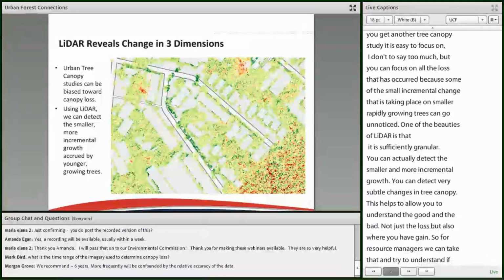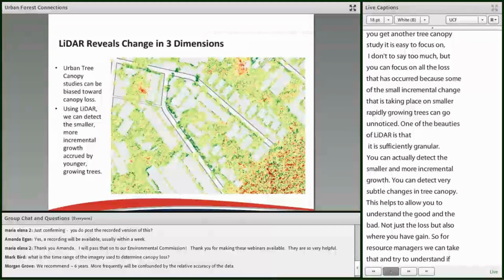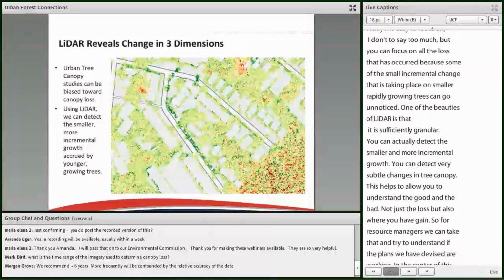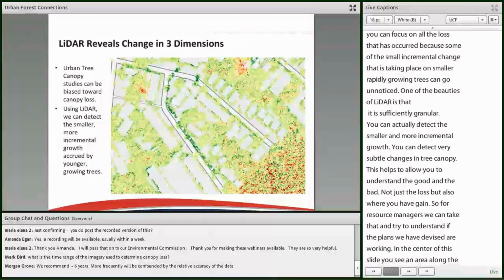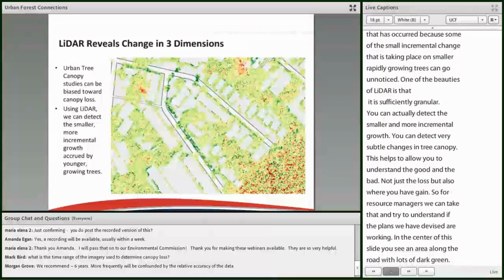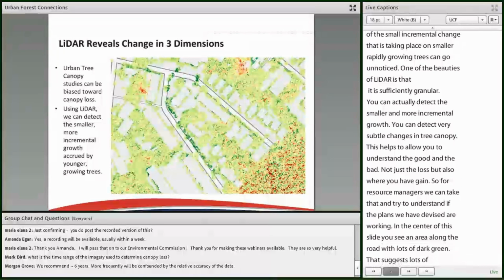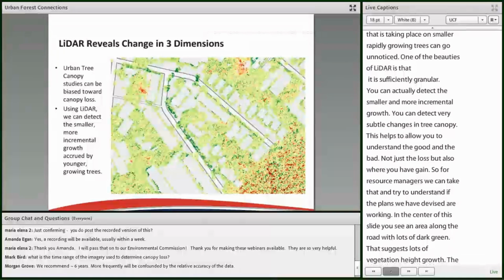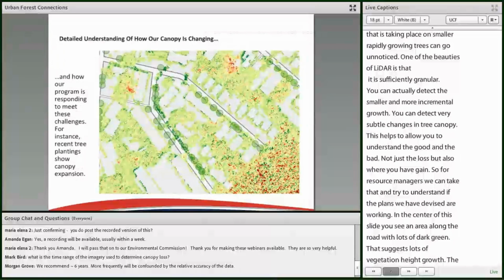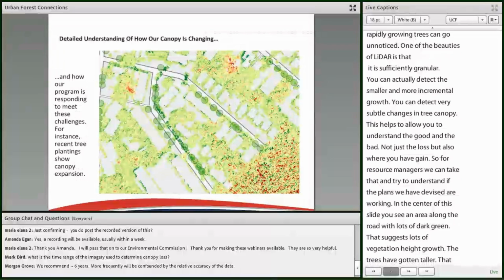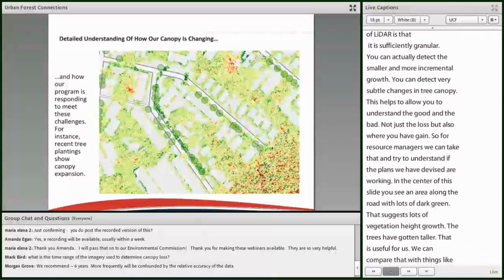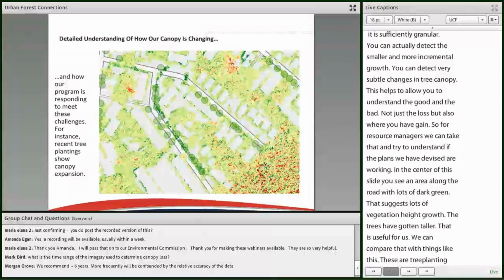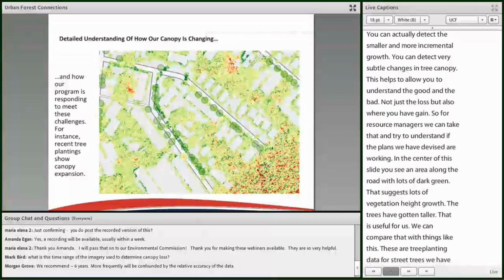So in the center of this slide, you see an area along a road with lots of dark green, which suggests lots of vegetation height growth. The trees there have gotten taller in between the two reporting periods. And that's really useful for us because we can compare that with things like this. This is tree planting data for street trees that we've installed shortly prior to the period when these data were captured.